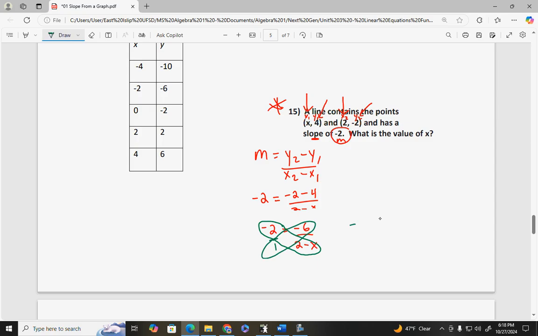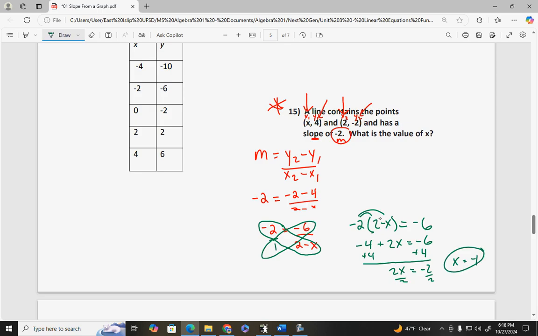So negative 2 times 2 minus x will equal 1 times negative 6, which is negative 6. And we solve this equation. And I get x is negative 1.